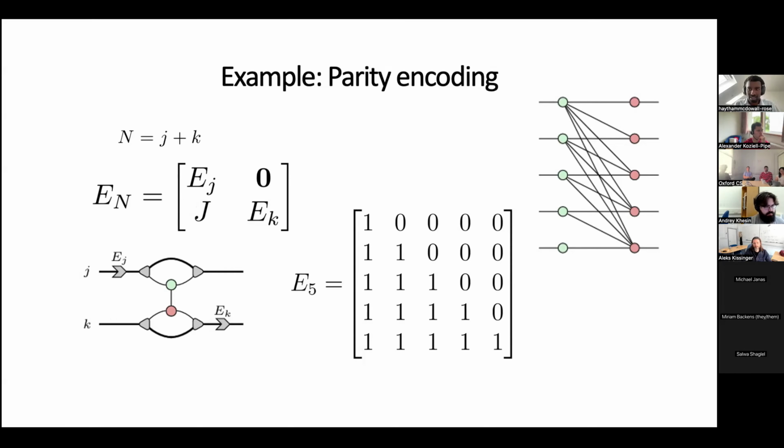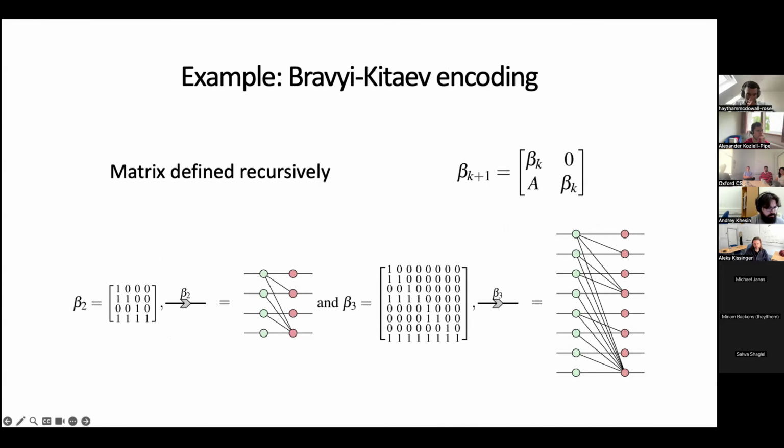Let's look at a more interesting example. This here is the Bravyi-Kitaev encoding. Now, this is special for a number of reasons. It has a recursive structure, just like the parity encoding did.